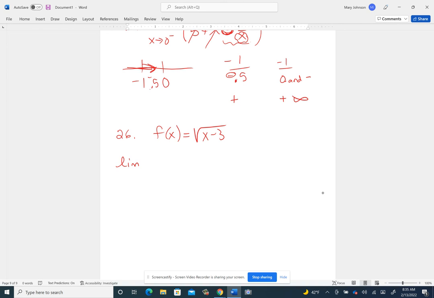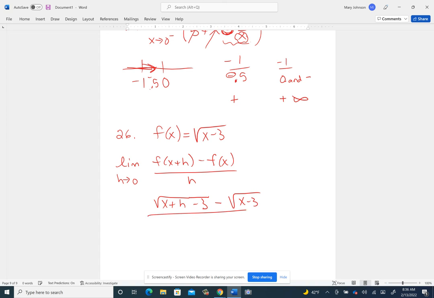Okay, so you needed to do the limit as h approached 0 of f of x plus h minus f of x all over h. So you plug in the x plus h where the x was. Okay, then subtract the f of x all over h. And you're going to do the limit of that.